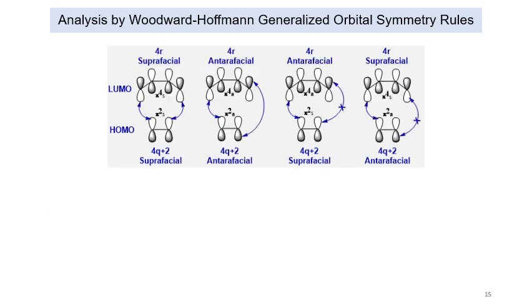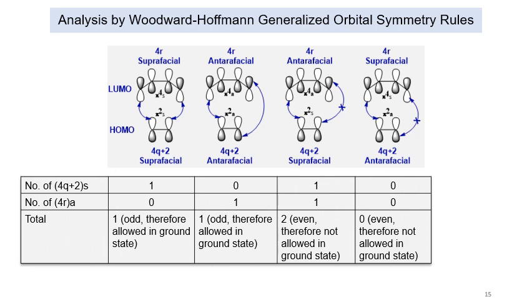Let's analyze the Woodward-Hoffmann generalized orbital symmetry rules for the 4+2 cycloaddition. So in this particular case, as you would notice, we are considering in this analysis the HOMO of ethylene and the LUMO of butadiene for simplicity.